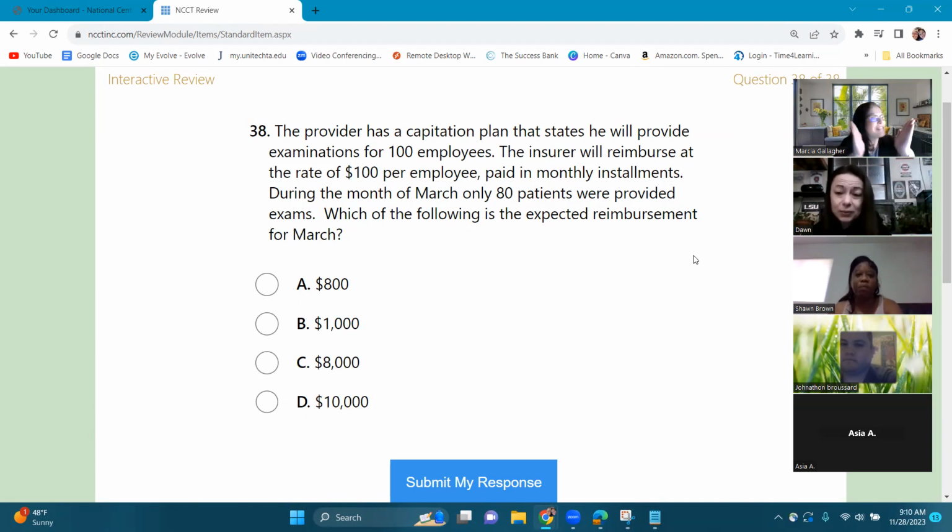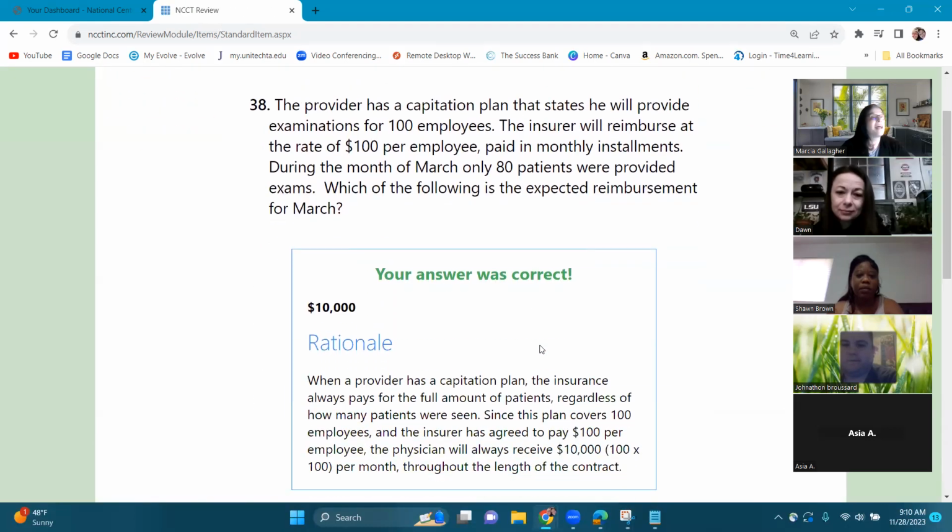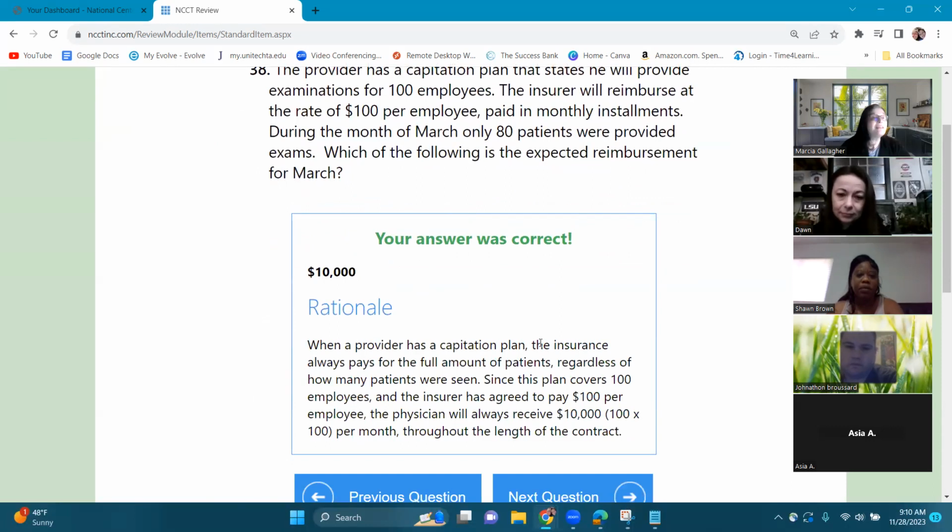Remember, it's whether they're seen or not. He may have seen 80, but he gets paid for 100. So D. That is right. That's a sweet deal, isn't it?